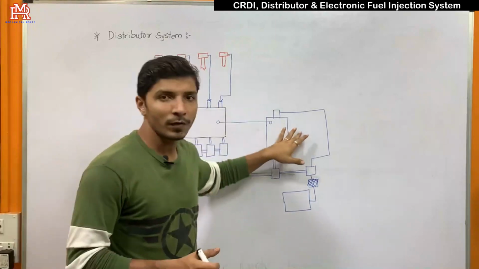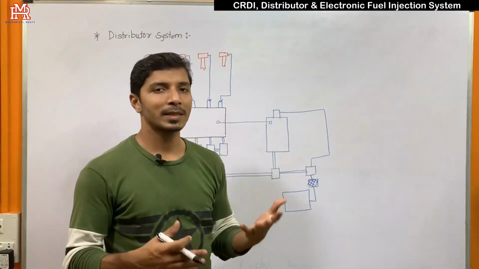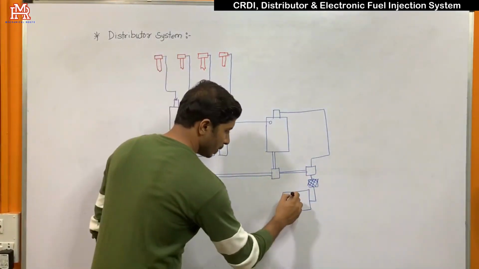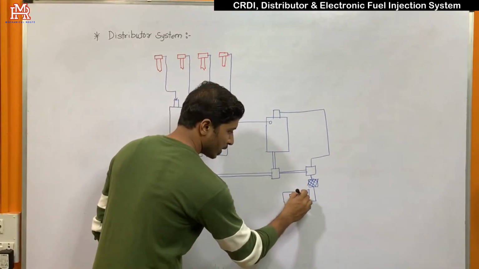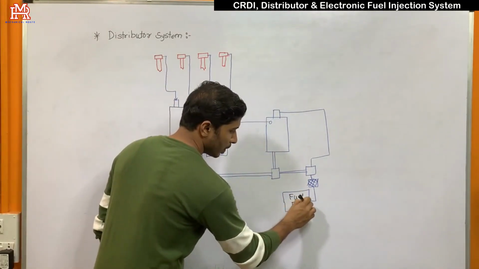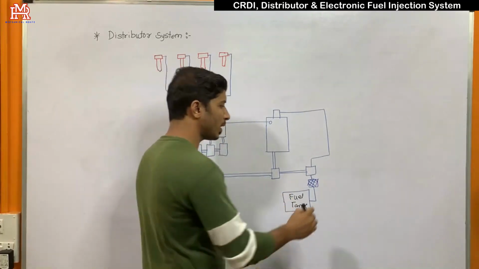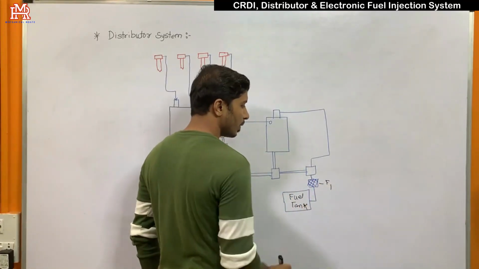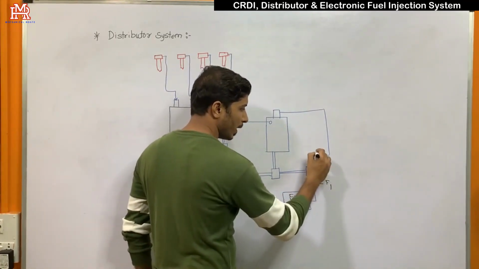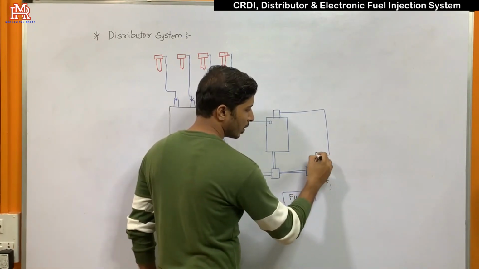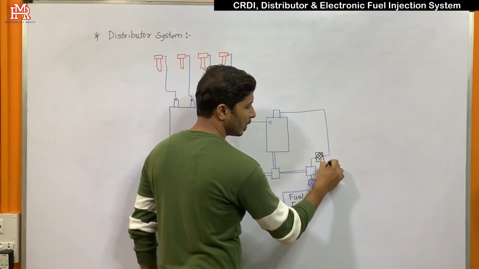Some components you will find are the same in all the systems. For example, fuel supply, or we can say the fuel tank. Then we'll have one or two filters. Maybe this is filter 1, and you may find one more filter here, which can be called filter 2.